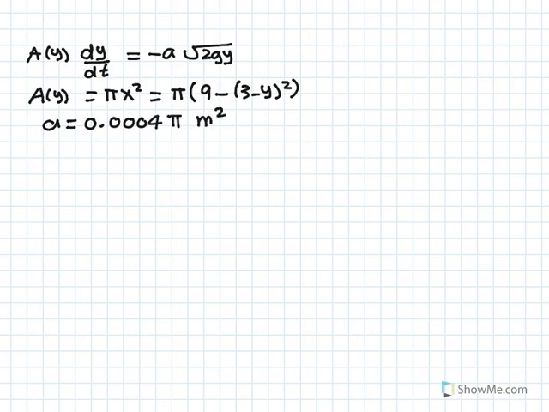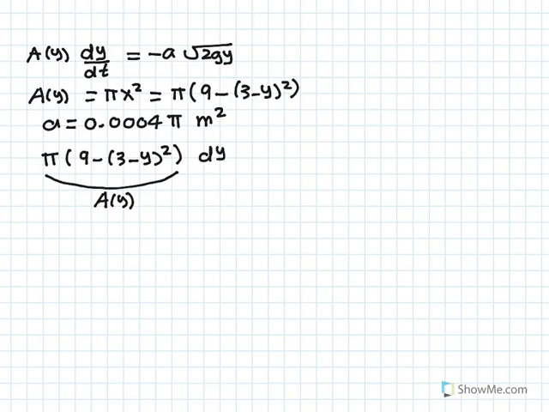Let's substitute all of this in and get a differential equation. So we have pi times 9 minus (3 minus y) all squared times dy/dt is equal to minus the cross-sectional area of the hole at the bottom, 0.0004 pi, multiplied by root 2gy. 2 times g is 19.6, and times y, which is the height of fluid at time t.